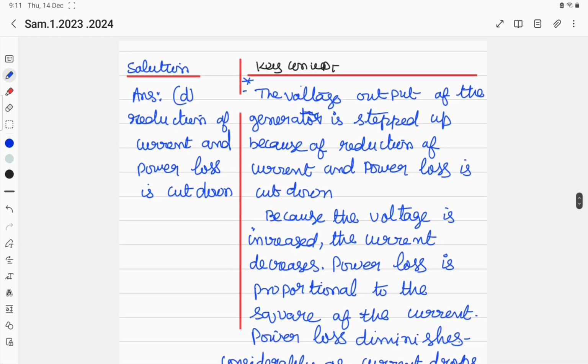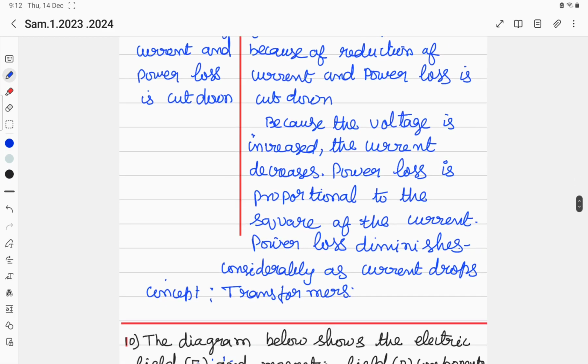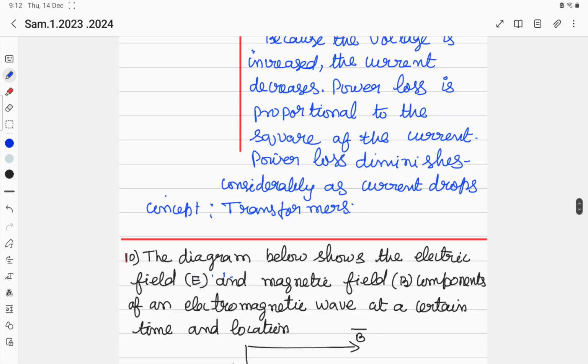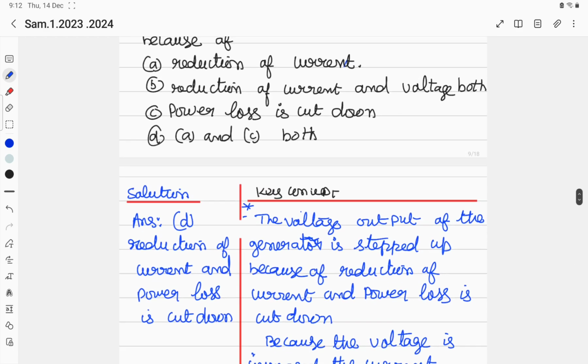The reason is that because the voltage is increased, the current decreases. Power loss is proportional to the square of the current, so power loss diminishes considerably as current drops. So, answer D.